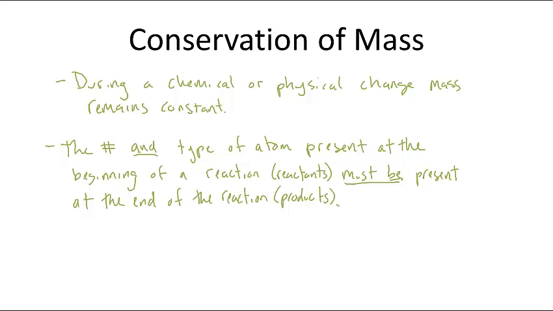So if I have a chemical reaction, or let's even say a physical change, one of the ones we talked about extensively. If I have 10 molecules of carbon dioxide at the beginning, well, I must have 10 molecules of carbon dioxide at the end.